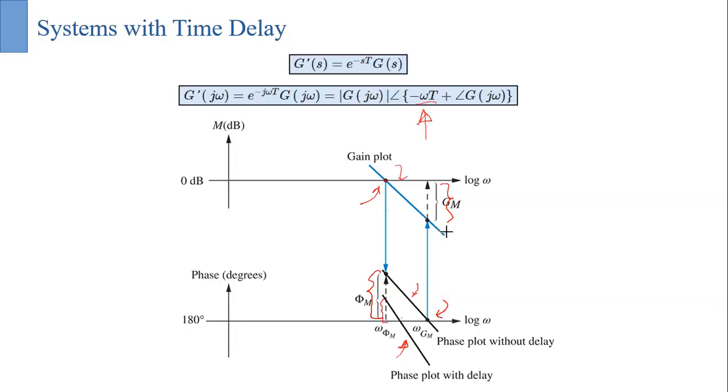And also, whether you have noticed or not, even though the magnitude plot is remaining unchanged, our 180 degree crossing point has also changed. Previously it was here, now it is here, and because of this, our gain margin is also reduced.